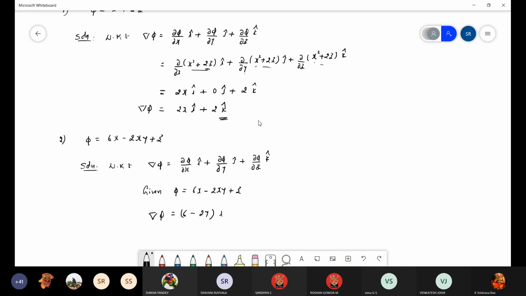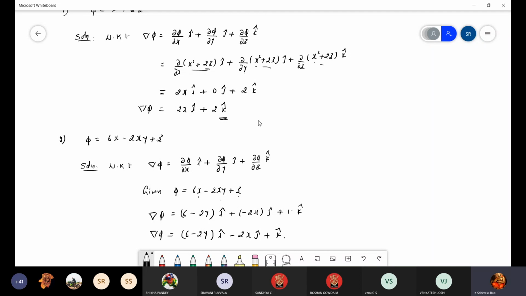Plus, with respect to y, 6x is 0, you will get minus 2x, is it right, minus 2x j cap. Plus finally with respect to z, the first term is 0, the second term is 0, only the differentiation of z is 1, so 1 into k cap. Directly you can write grad phi equals 6 minus 2y i cap minus 2x j cap plus k cap. So this is also another way of solving the problem.